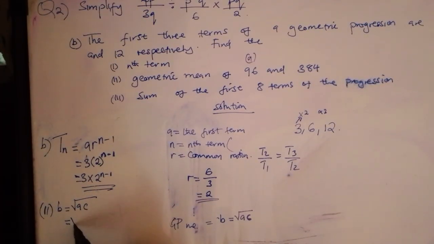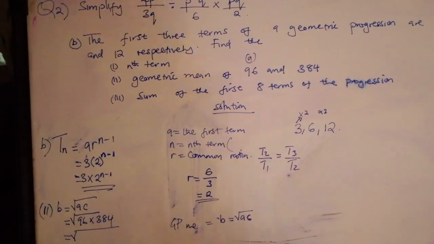So what is our a? Our a is 96 multiplied by 384. Remember, this is paper 2, which means you are allowed to use your calculator. So you can say 96 multiplied by 384.